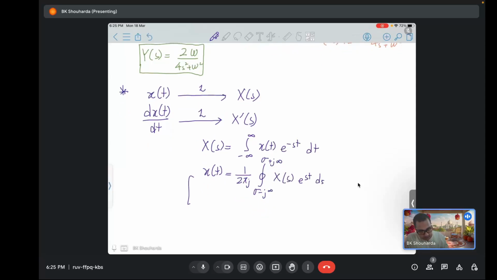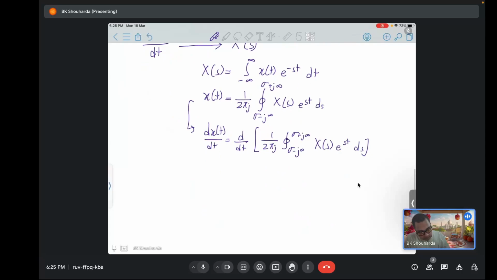We will differentiate this. dx(t)/dt is d/dt of 1 upon 2 pi j times the contour integral from sigma minus j infinity to sigma plus j infinity of X(s) e to the power st ds. So what will end up getting differentiated?